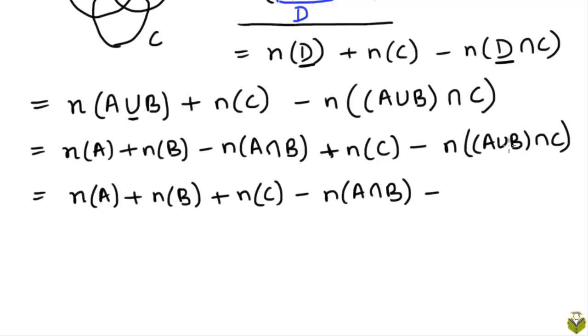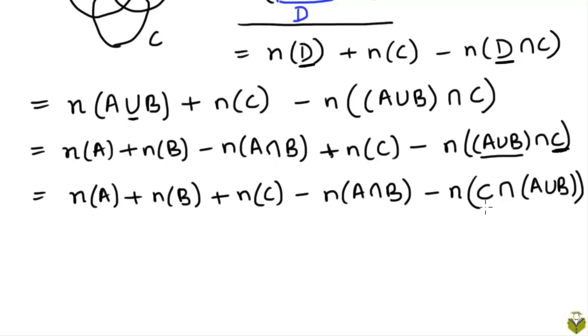Now how do we go about eliminating this union? Well, we could use the distributive law, and in preparation for that we can first use the commutative law so that we have C appear before A union B. It doesn't matter whether we express this as this set intersected with that set or that set intersected with this set. So we can rewrite this as C intersected with A union B. We are just applying the commutative law here by exchanging the operands. That doesn't make any difference to the result of the intersection.